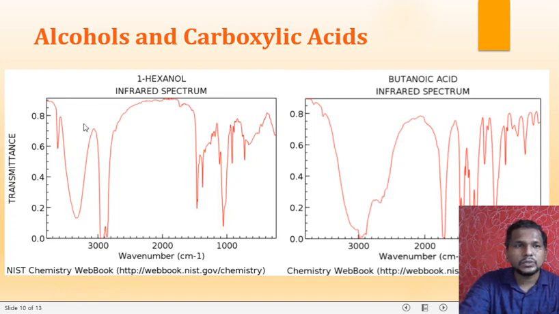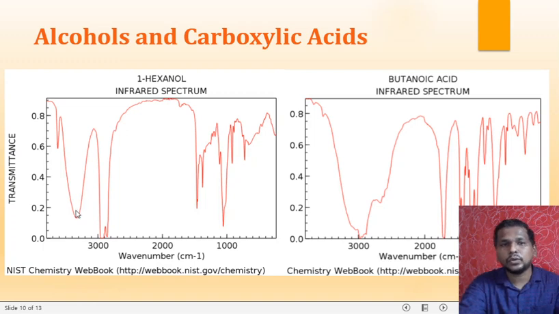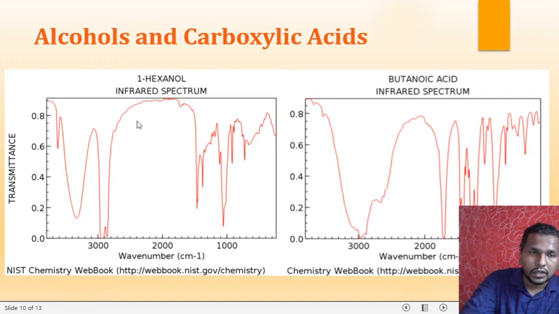The alcohol hydroxy peak is tongue shaped and is around 3200 to 3400. However, in the butanoic acid spectrum, this particular peak is around 3000, and it is not in as good a shape as that of the alcohol. So this is the main difference between carboxylic acid and alcohol.